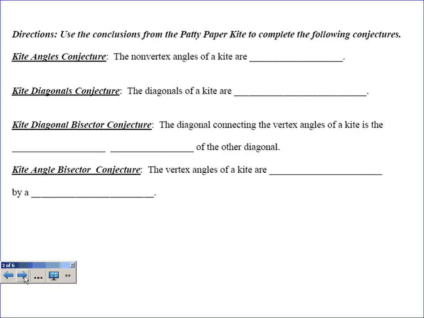Just take a couple seconds, see if you can do this on your own. Okay. So it gives us some kind of weird vocabulary, right?